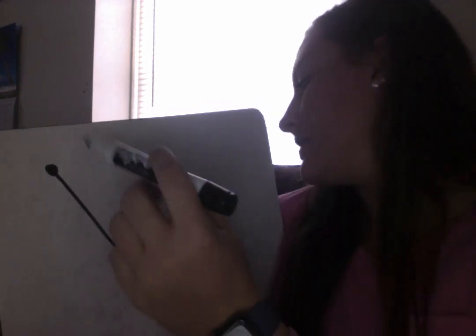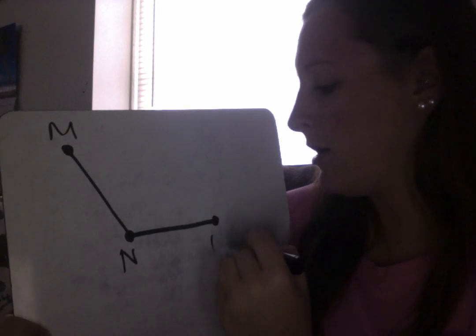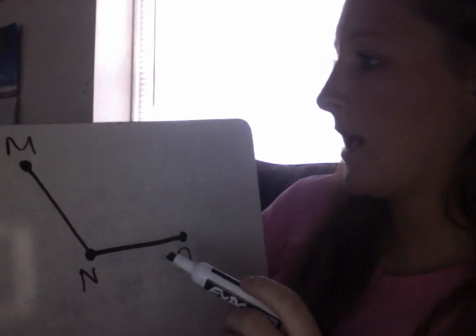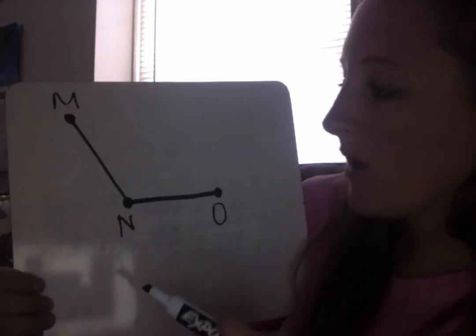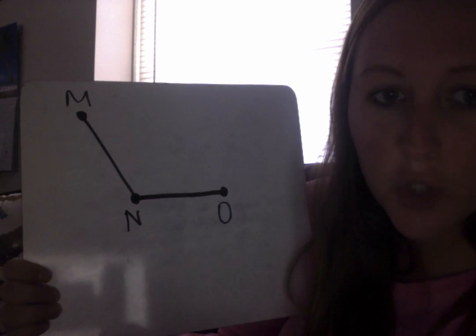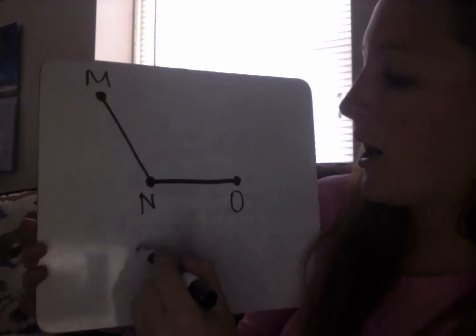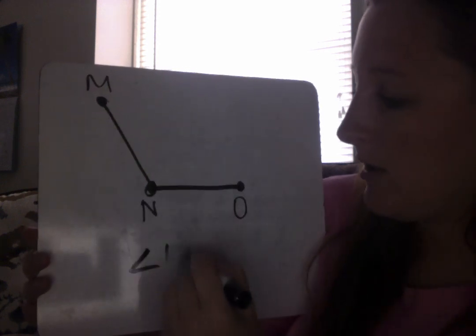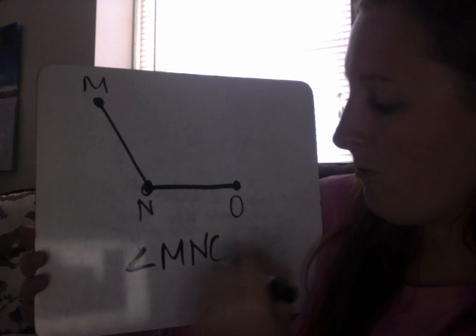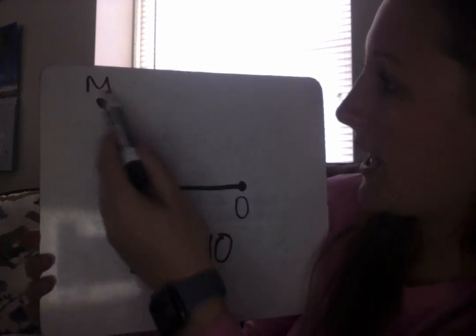So if this is M, N, O, technically, the 2 names of this angle, which you would already know, are angle MNO, because N's in the middle, or it could be named angle ONM.